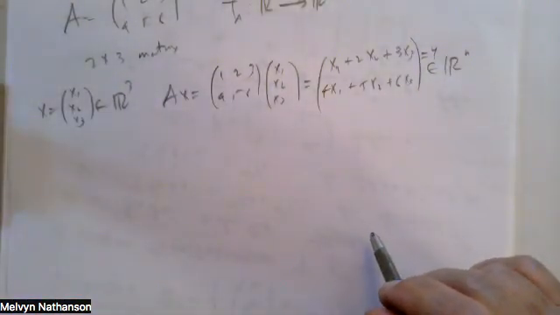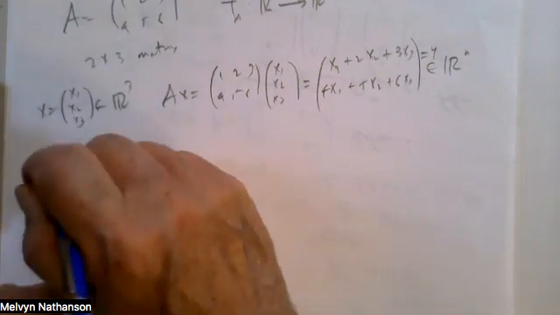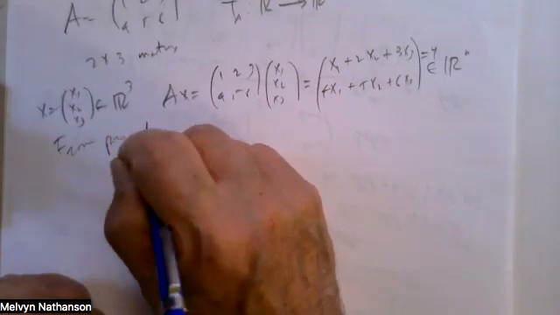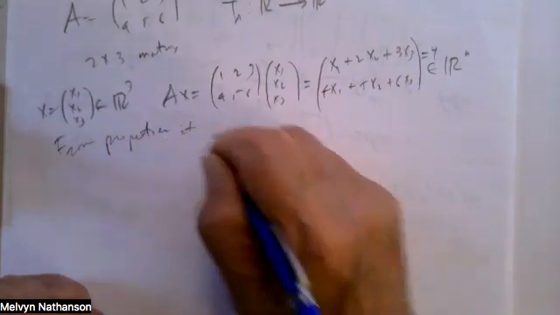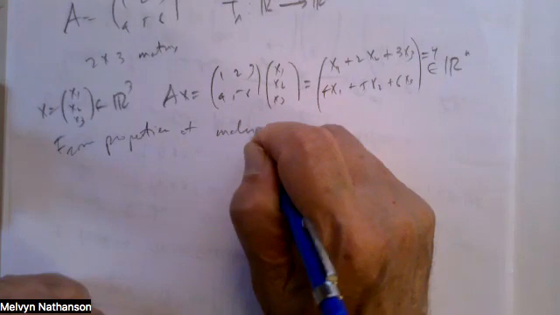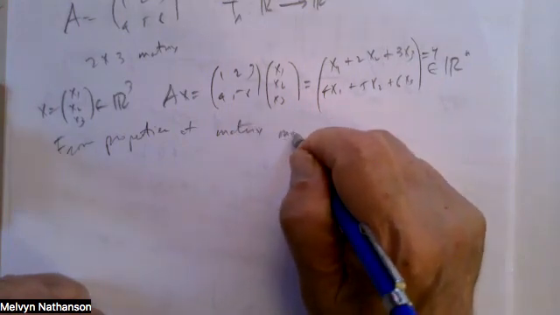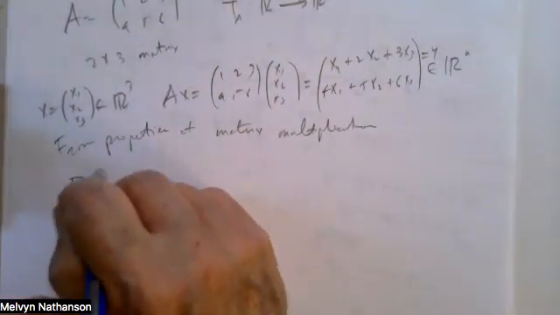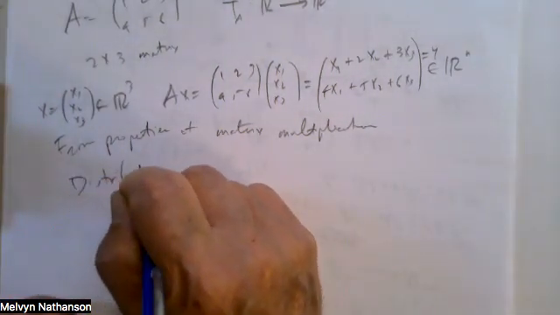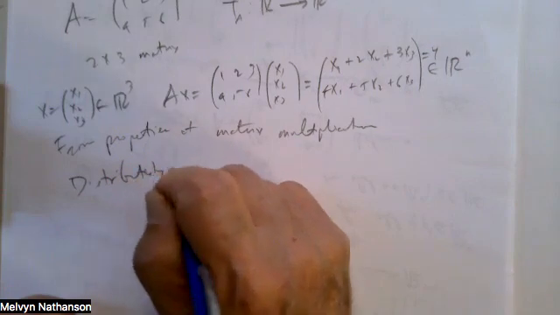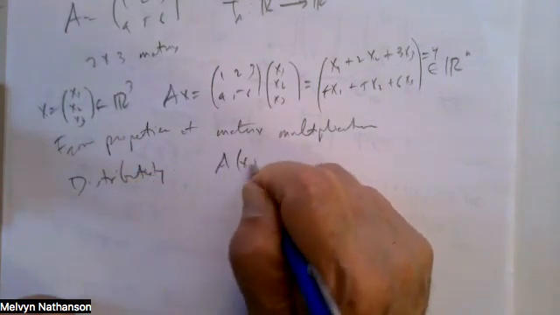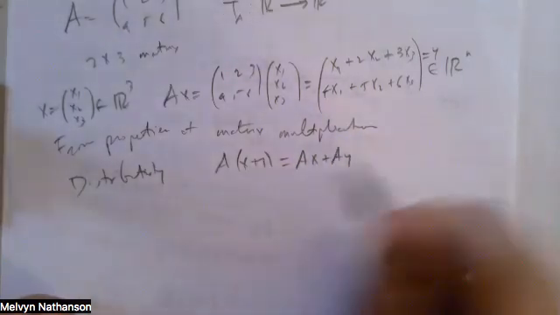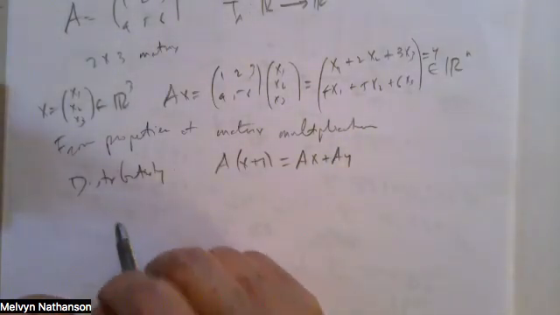And from the properties of matrix multiplication, distributivity says that A times (x plus y) is Ax plus Ay, because matrix multiplication is distributive.